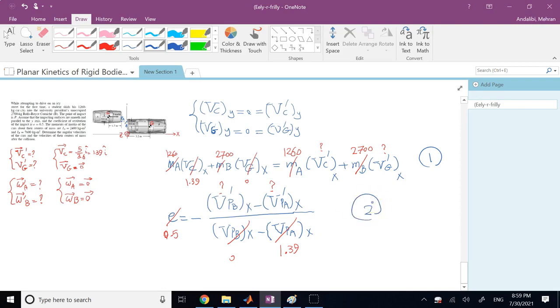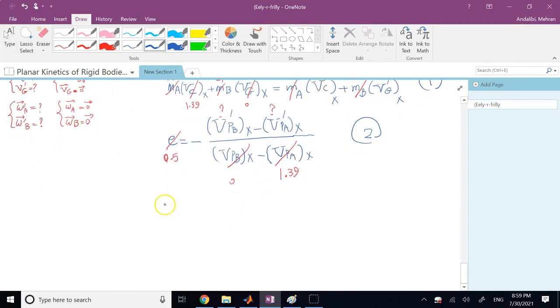Okay, so it's not solvable yet. Then you might say, well, can I find the velocities at PB and PA based on the velocity at the centroids and based on the omegas? And the answer is yes, you have to.